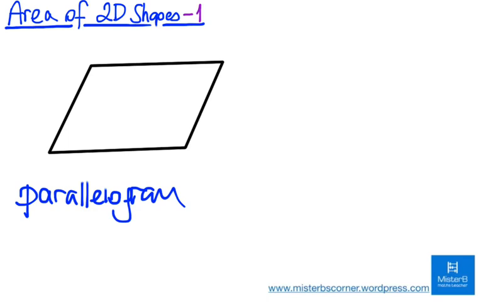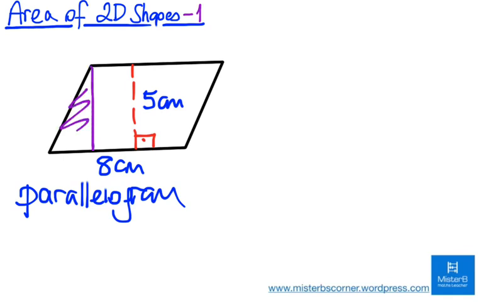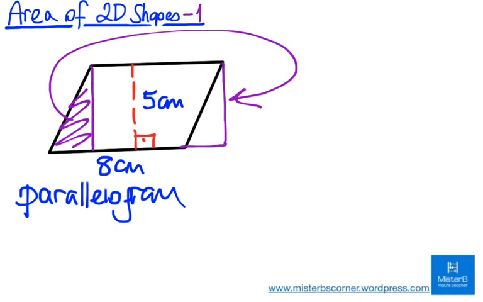If I have a parallelogram with 8 centimeters here and a height of, say, 5 centimeters, then when I cut it from here and take this triangle and attach it here, I will end up with a rectangle of 8 centimeters by 5 centimeters.